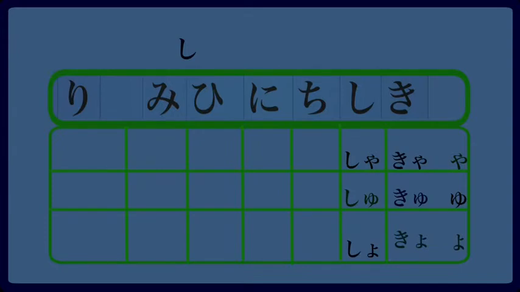Shi with the little yu and mi, shumi, means hobbies. What are your hobbies? And a word using the sho sound might be toshokan. Toshokan is the Japanese word for a library.